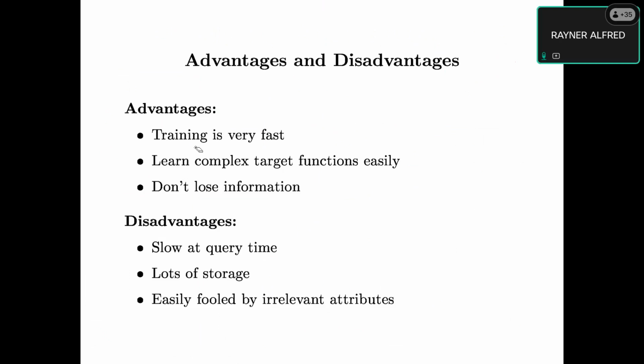The disadvantage is that sometimes it will be very, very slow, because if you have millions of rows, millions of instances, then you need to do millions of calculations to find the most similar item that we have. We need lots of storage because we have millions of data.